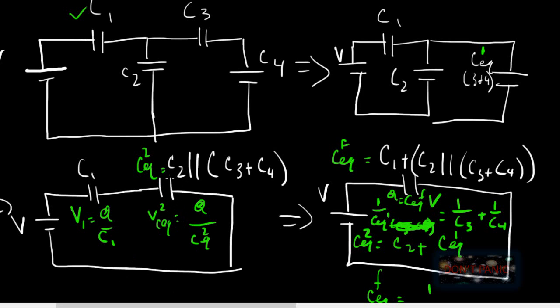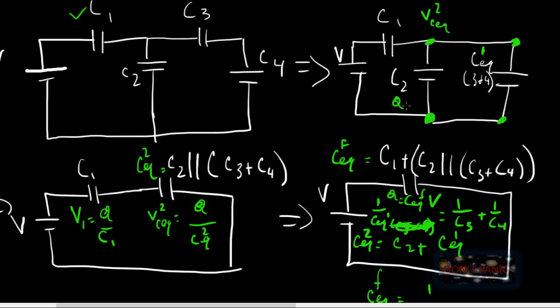And then we know that this capacitor is a combination of these two capacitors. Okay, and since these two capacitors are in parallel, the voltage across them has to be the same. Okay, so the voltage across this capacitor is the voltage across each of them. So the voltage across C2 is going to be what we just found, the voltage across C equivalent 2.